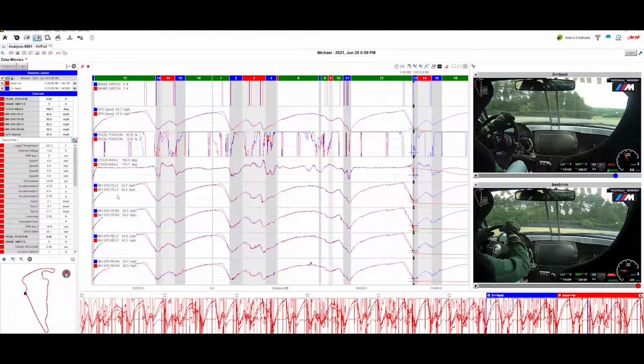Now, looking at the individual wheels, is there something? The wheels are always going to be at different speeds, but they should be close enough. 54, 52, 54, 53, as opposed to 45, 28, 45, and 36. So here there's a big difference in speed on the front right wheel.